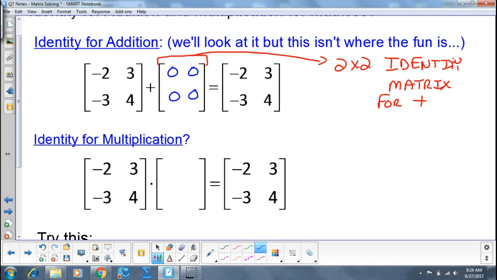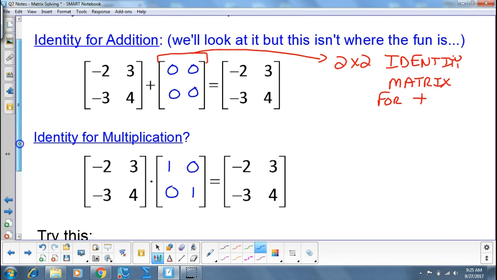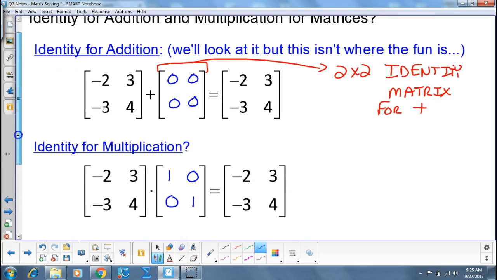So you start in the upper left-hand corner with a 1, and then the diagonal running down and to the right all gets 1s. Okay? Everywhere else gets 0s. Okay? So we're going to fast forward one slide, and then we're going to come back and we're going to actually try that. Okay? All right?